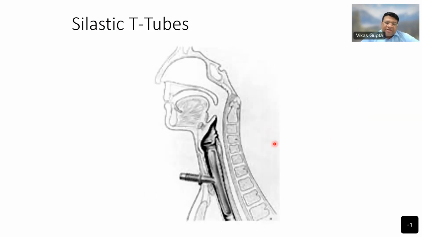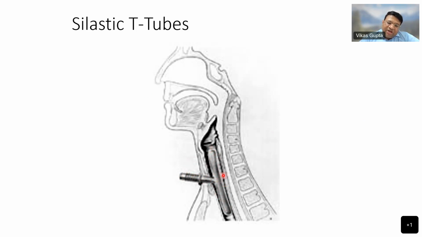And this is the silastic T tube. It has a vertical limb and a horizontal limb. The horizontal limb comes out from the tracheostoma as with other tracheostomy tubes. But unlike the normal tracheostomy tube, which has only one limb which goes down, it has another limb which goes up.